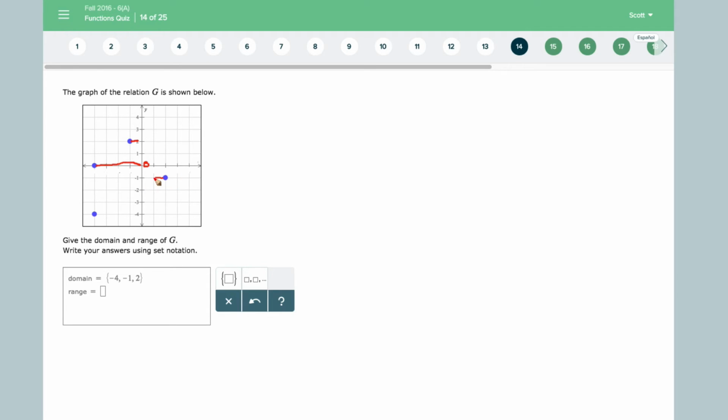This one goes to negative 1, and this one goes to 4. So our numbers from smallest to biggest are negative 4, comma, negative 1, comma, 0, comma, 2. Just like that. And it doesn't matter if they're not the same number of numbers. That's perfectly fine.